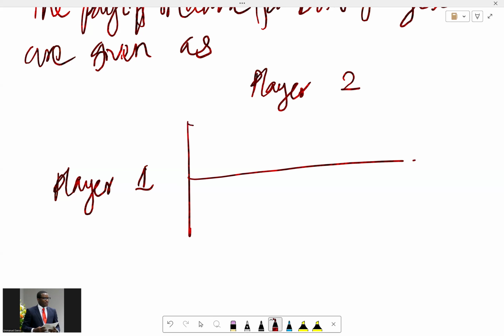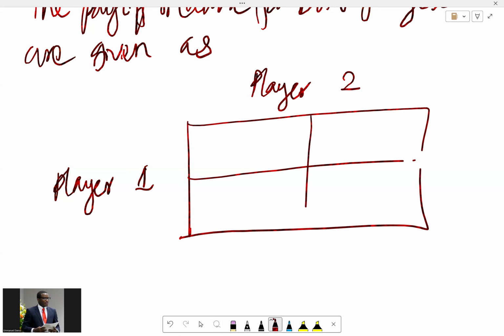Player one has two strategies, A and B. Player two has two strategies, X and Y. If player one wins three, it means player two loses three. If player one loses one, player two gains one. If player one wins two, player two loses two, that's two comma minus two.